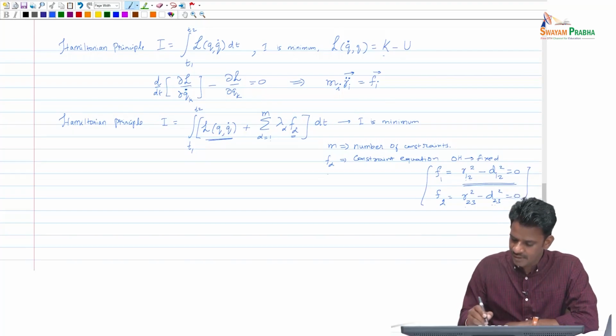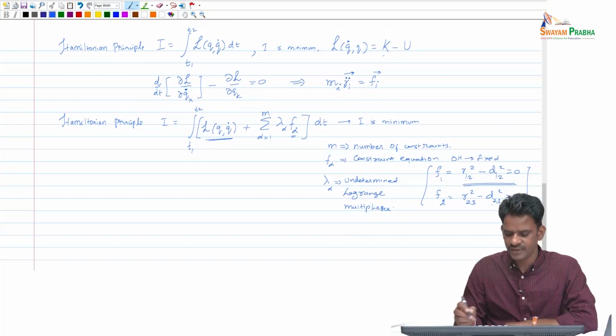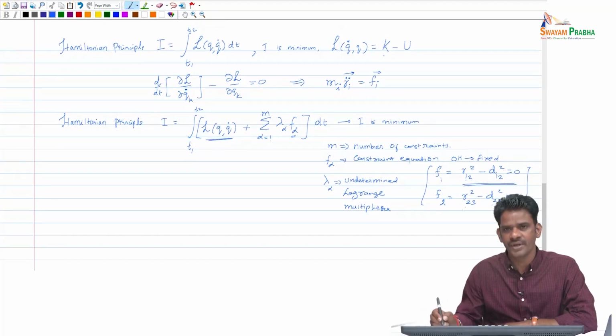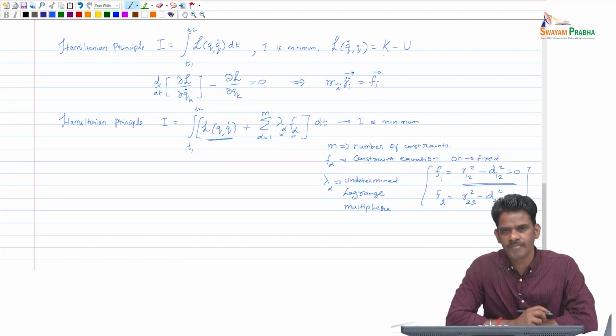Now, there is a proportionality constant lambda alpha, this is known as undetermined Lagrange multipliers. So, basically what we are trying to do is minimize subject to a constraint, and the constraints are given by these equations weighted by certain undetermined Lagrangian factors.